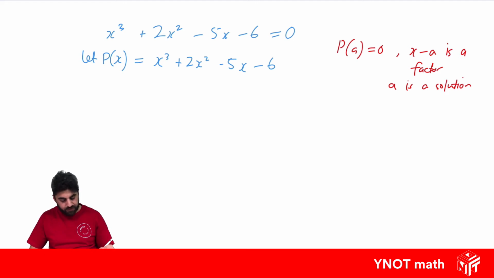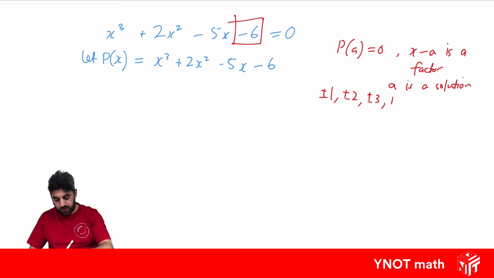And remember, the values we want to try are the factors of the constant term. In this case, our constant term is minus 6. So values we'd like to try will be plus or minus 1, plus or minus 2, plus or minus 3, or plus or minus 6. And because we have a cubic polynomial, there should technically be 3 solutions.